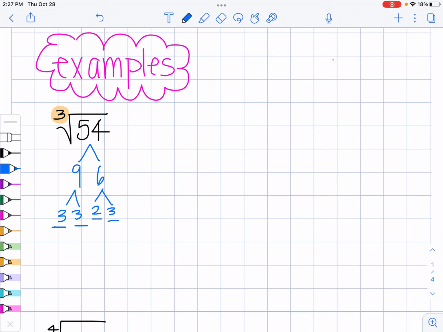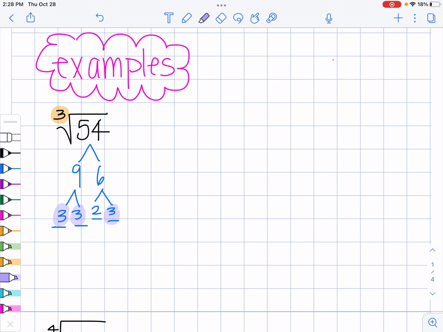Okay, so now here's where this number in my index comes in. This number says I have to have 3 of a kind, 3 of the same number, to take something out of my radical. So here I have 1, 2, 3 3s.